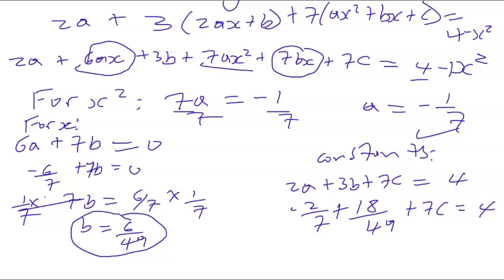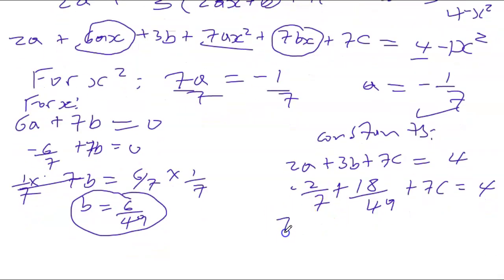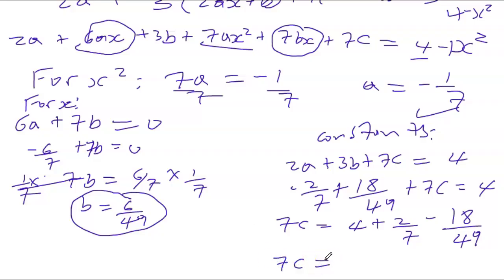So we can group all the terms on the right hand side here. We have 7c is equal to 4. Bring these terms over. That's plus 2 over 7, minus 18 over 49. So simplify the terms on the right. We get 7c equal to 192 over 49.